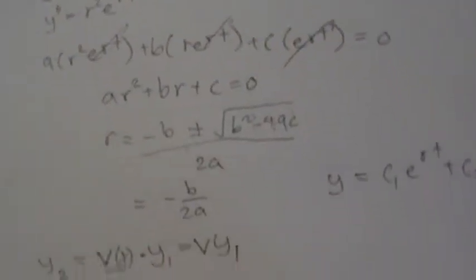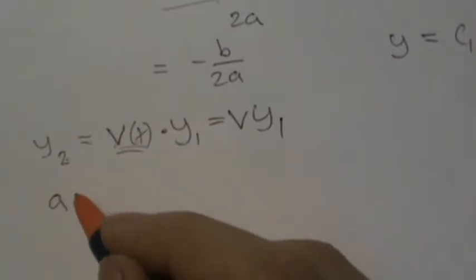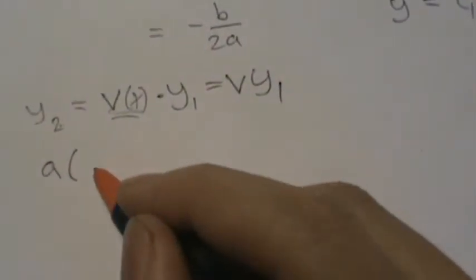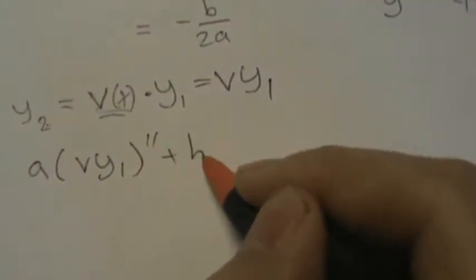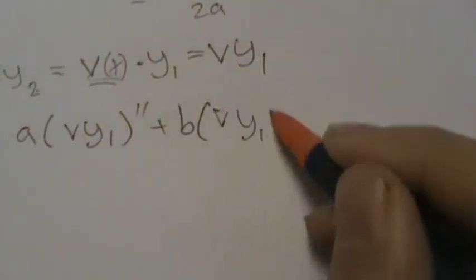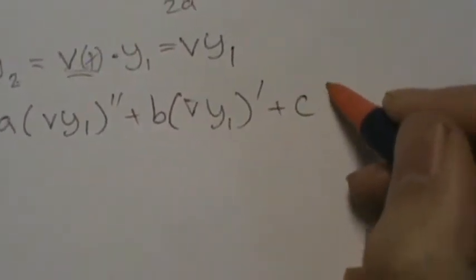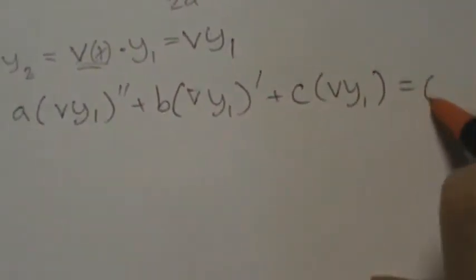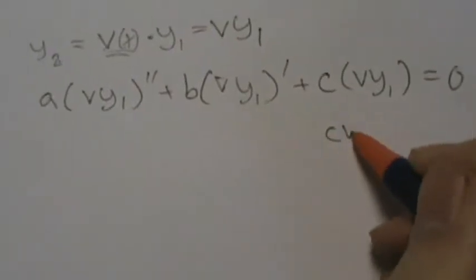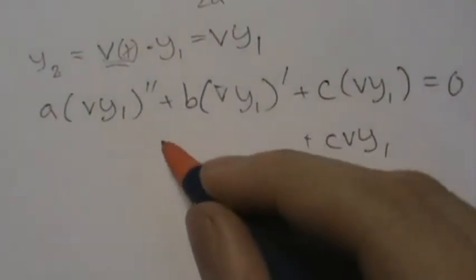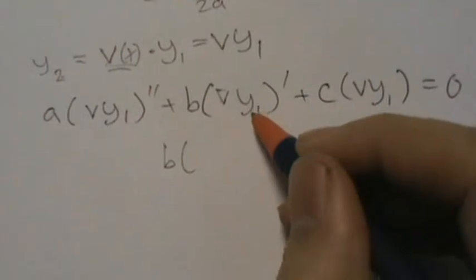So what's the original equation? It's a y double prime plus b y prime plus c y equal to 0. So this is how we're gonna do it. y2 double prime is a (v y1) double prime plus b (v y1) prime plus c v y1, and the entire thing has to equal 0. Now you substitute everything. Let's start with the easy one, and then you have to use the product rule because v depends on time and y1 depends on time.